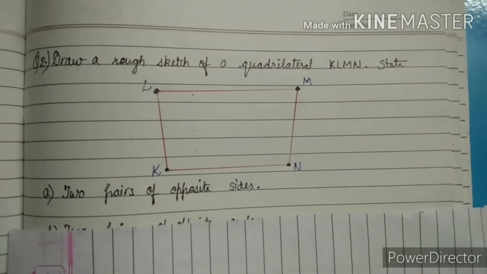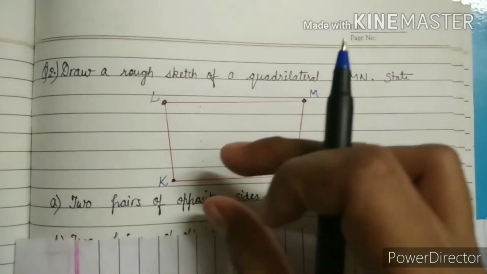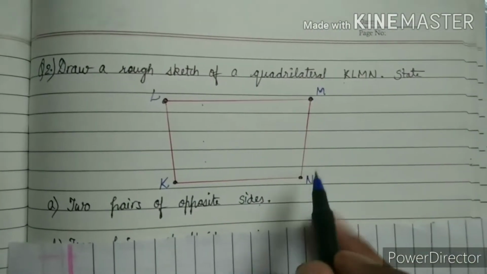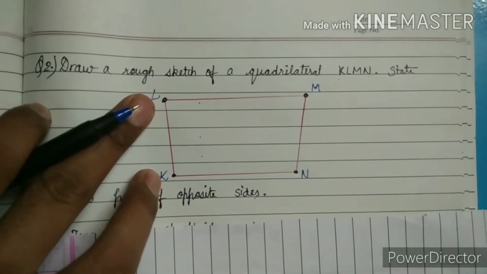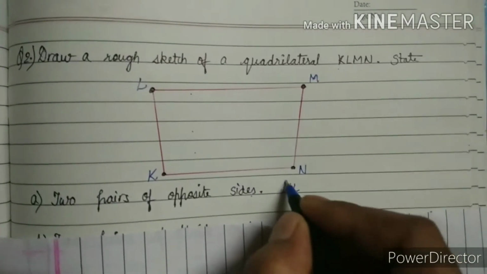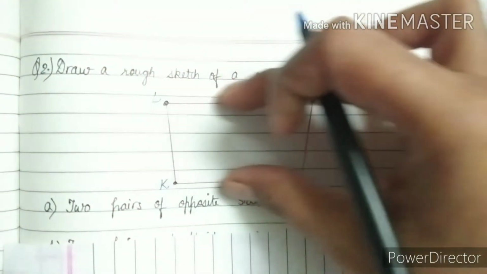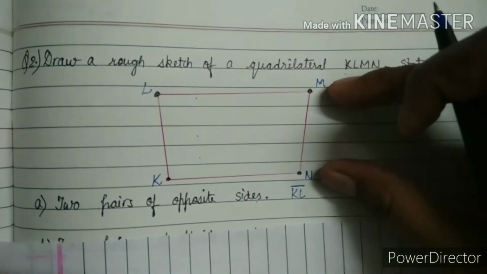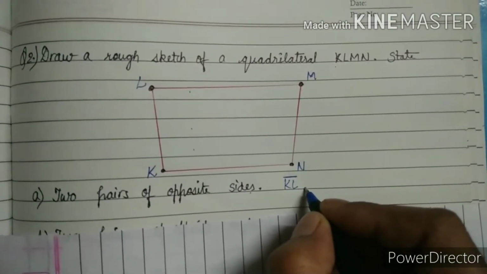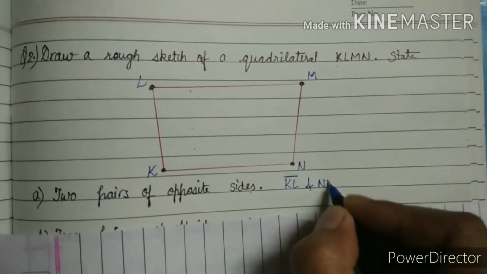Okay, so firstly we name the vertices from this direction. Firstly we will see KL, this side. KL's opposite, who is looking here? MN. KL opposite is MN.